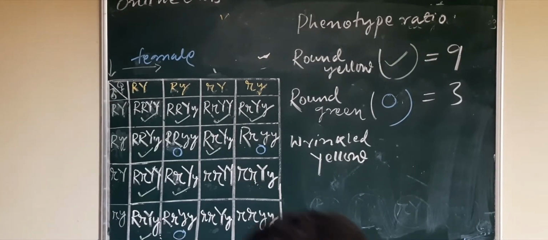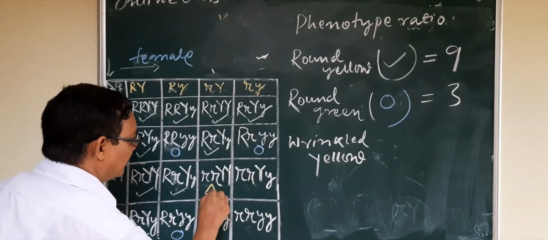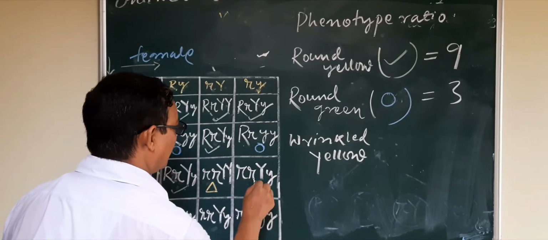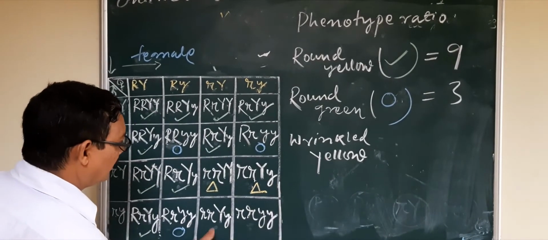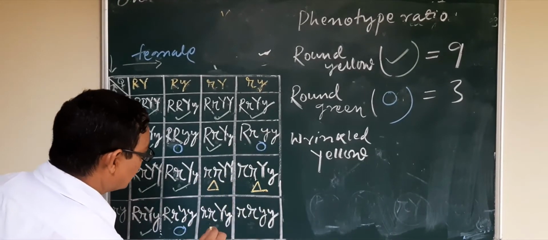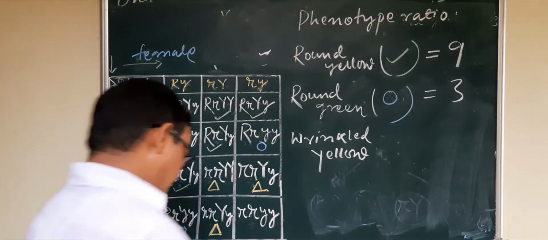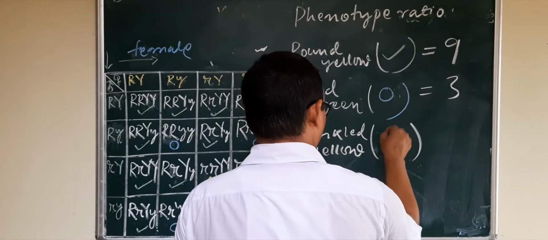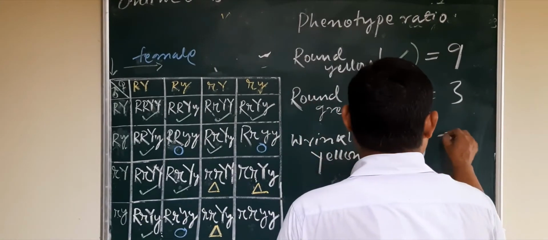Now we may put again here a sign, like I have put here a triangle sign, like round yellow. It is also round yellow, and it is also wrinkle yellow. So now you have got wrinkle yellow, that is the 3.